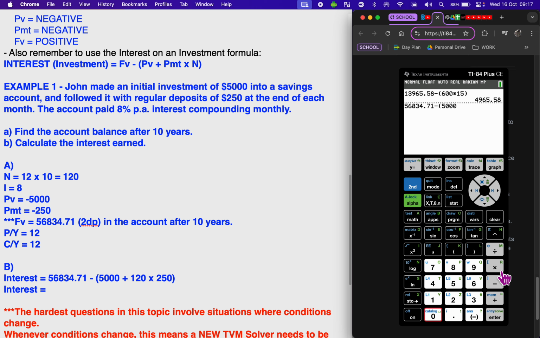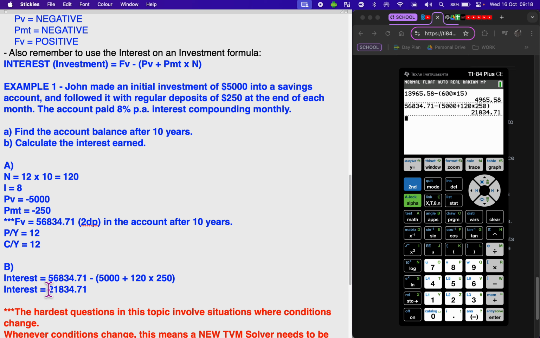And now you don't need to cover your butt and do extra brackets here, because when I do this plus 120 lots of 250, you can trust that the calculator is going to do the multiplication first before it adds, unlike some of the basic calculators you might have used previously. So if I enter that, you would earn $21,834.71 in interest from the bank, which is a nice chunk.